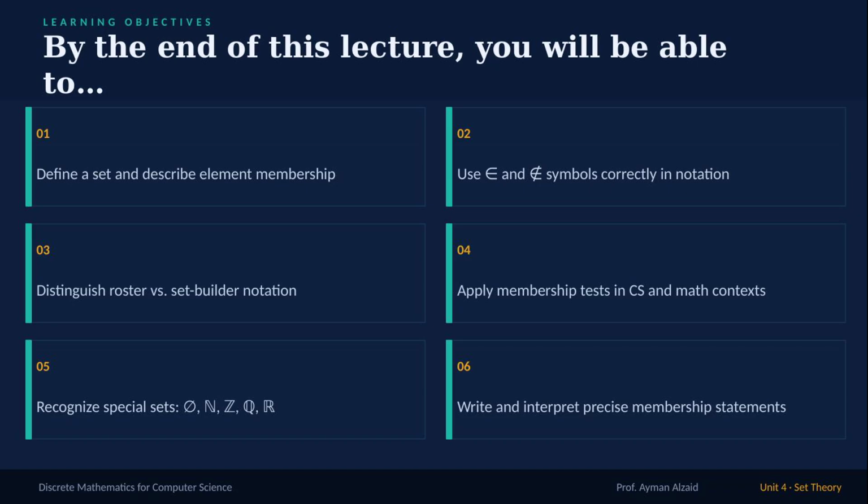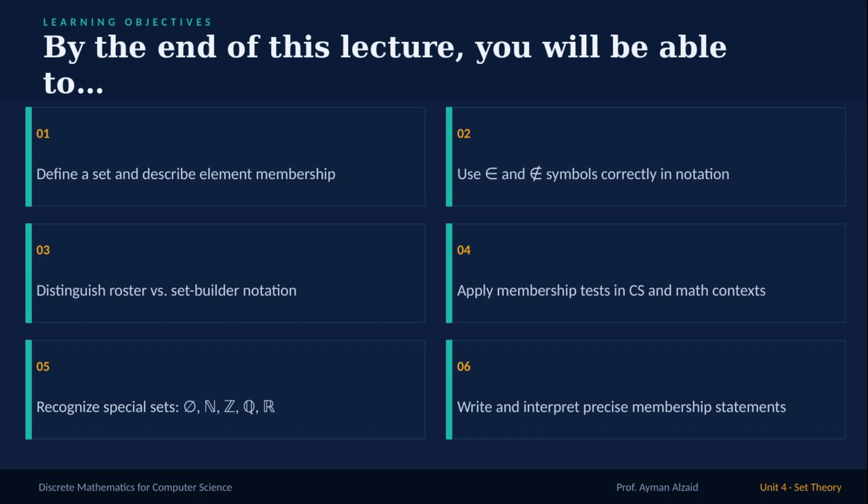By the end of this lecture, you should be able to achieve 6 learning objectives. First, define a set and describe what membership means. Second, correctly use the membership symbols in your notation. Third, distinguish between roster notation and set builder notation, two distinct ways to describe the same set.